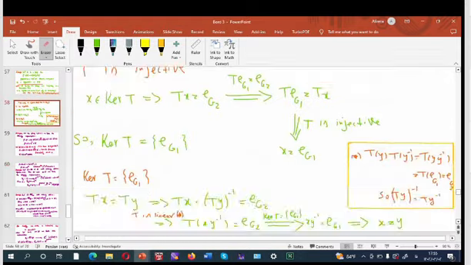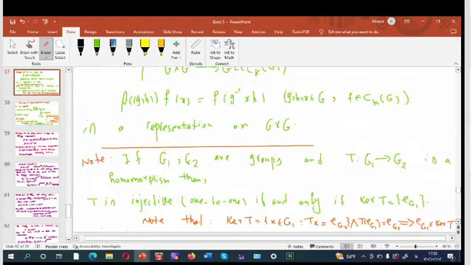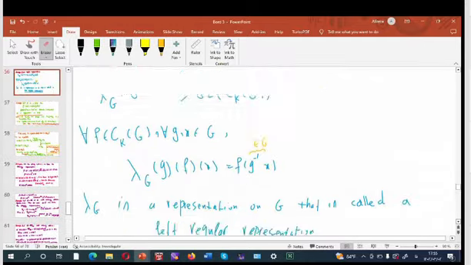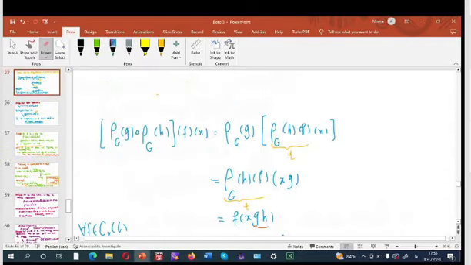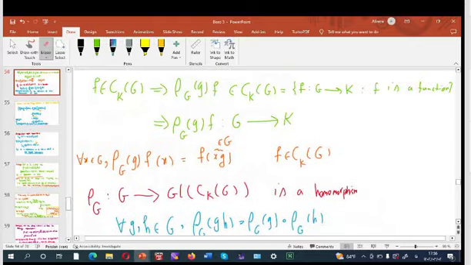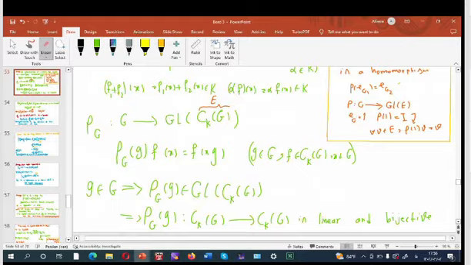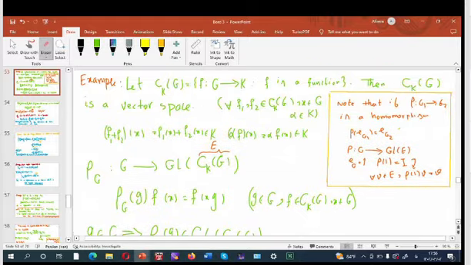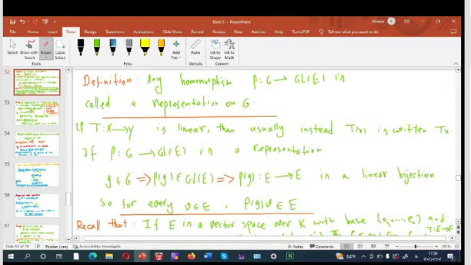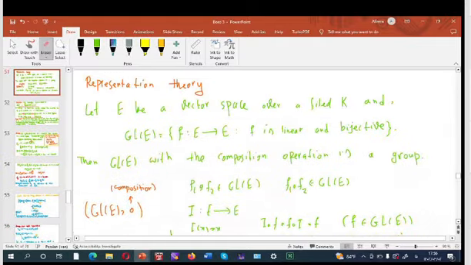Let me recall again for you that for a representation we must have a linear space or a vector space such as E, and we must consider GL of E, the set of all linear and bijective functions from E to E, which we know is a group with composition as binary operation.